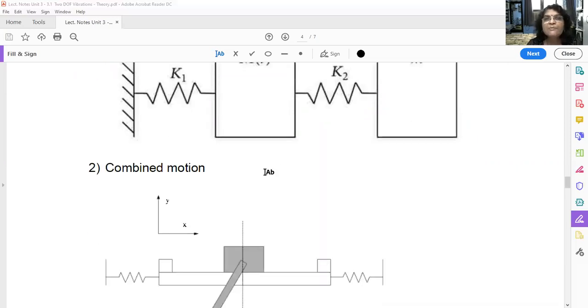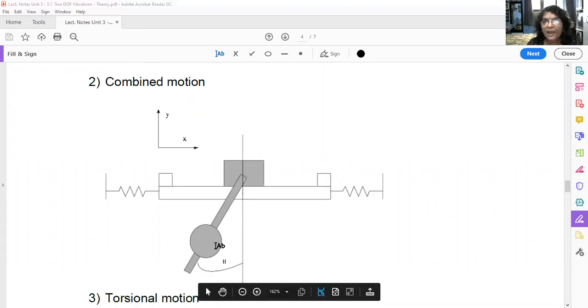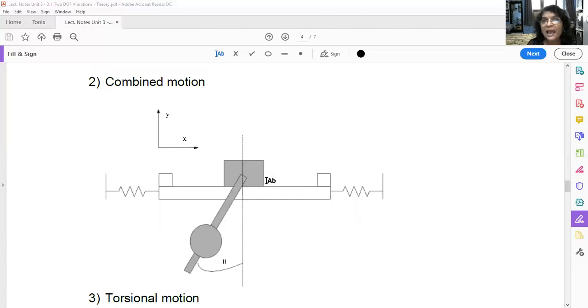Then combined motion. See, this block can move freely on this surface. Simultaneously, this pendulum can have angular motion about this axis. So this becomes a 2 DOF system, a combination of translatory motion and angular motion.